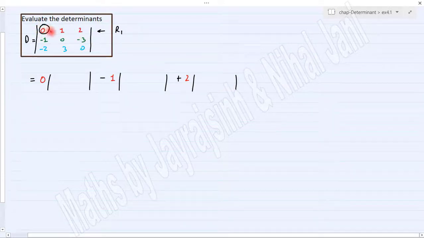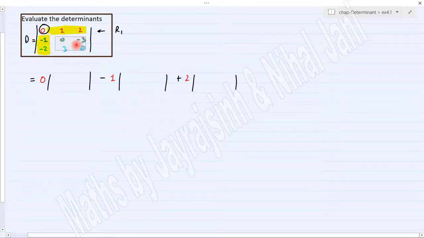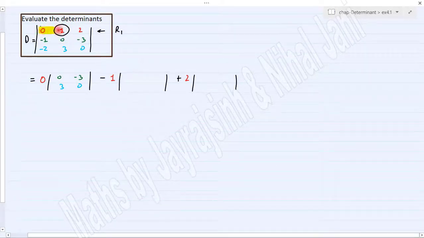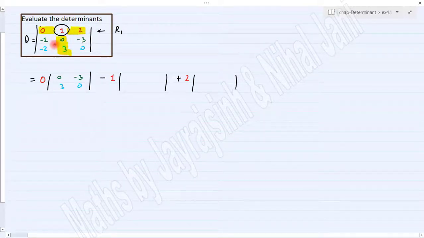For first element, we have to ignore its first row and its first column. So we will get 0 minus 3, 3, 0. Then the minor of 1 can be obtained by ignoring its row and its column.